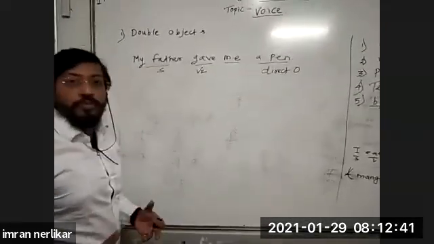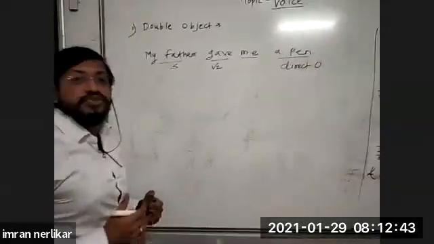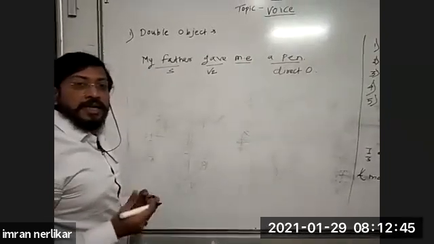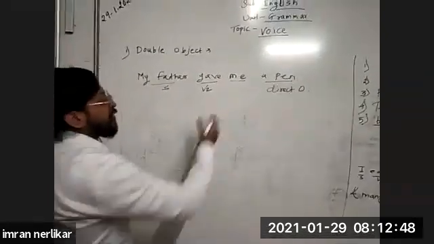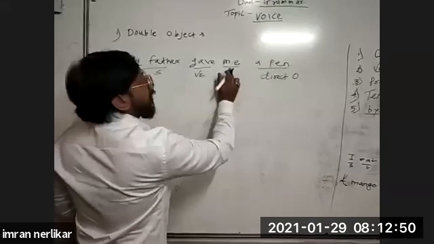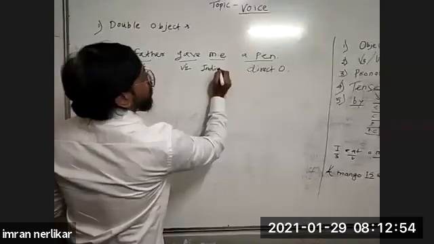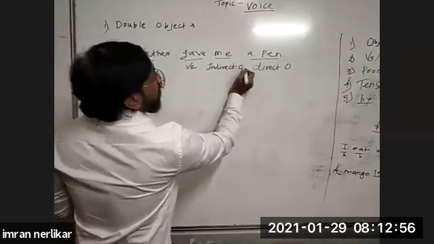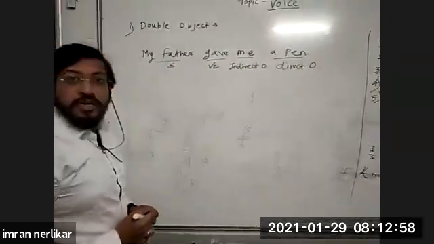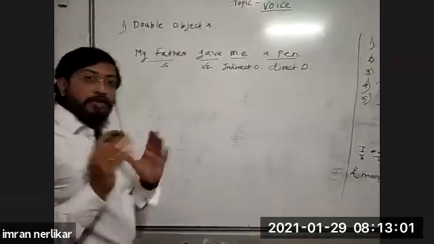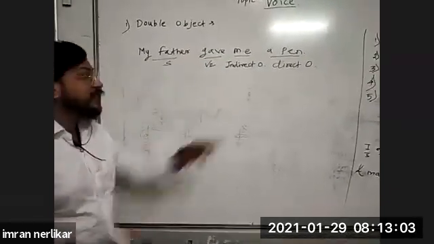And when you ask the question to whom it is given, the answer you get is me. This is called the indirect object. What is given? A pen. A pen is an object. That's why it is the direct object.